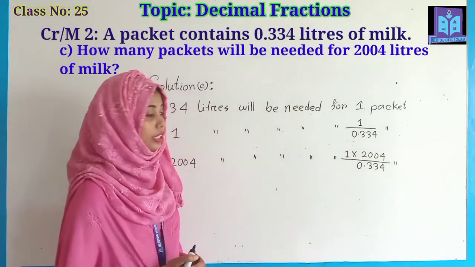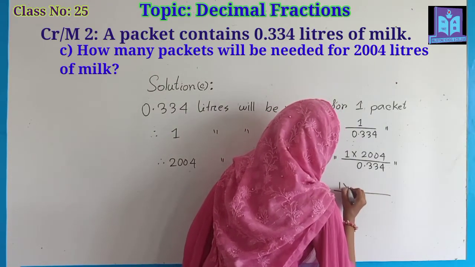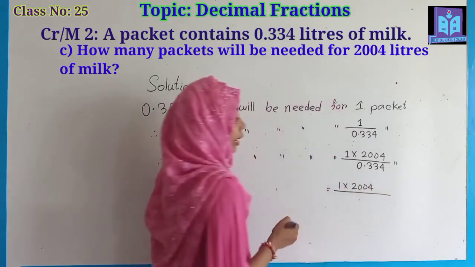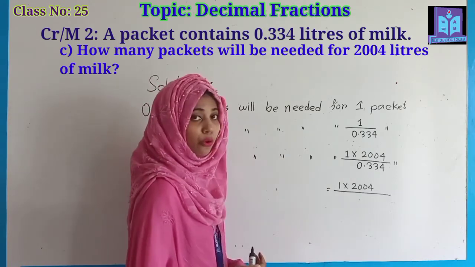Let's solve it. So I will write 1 into 2004. In the denominator there is 0.334.